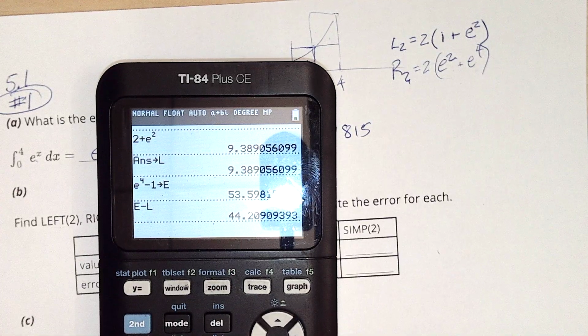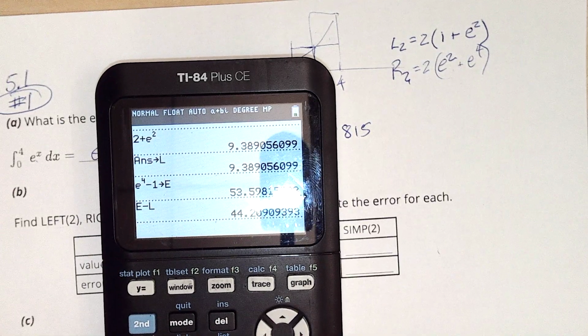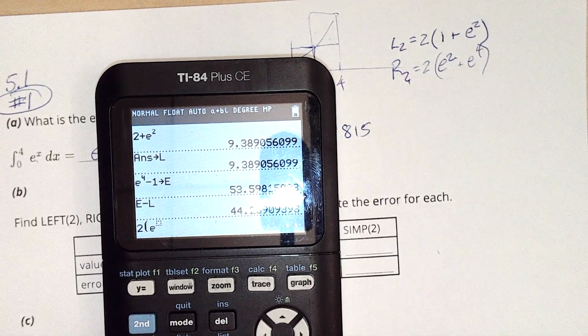So I'm going to type in 2 parentheses e to the 2 plus e to the 4. And I'm going to store that in, this is right, so I'll store it in alpha R.